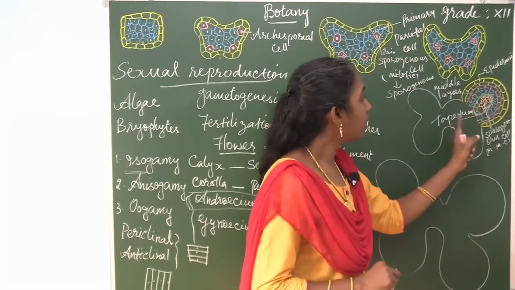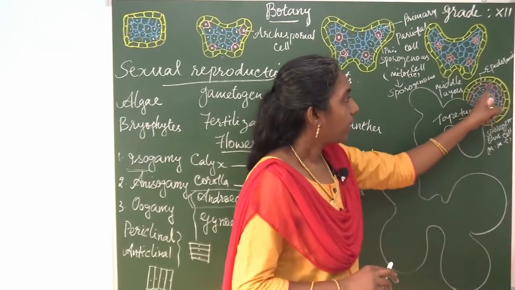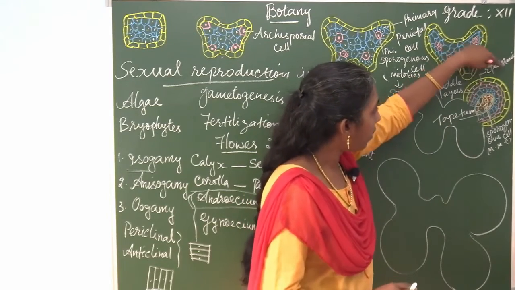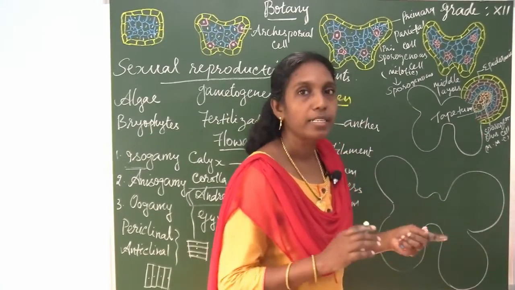Now in this anther, here only one part is enlarged. The outer layer is the epidermal layer, this layer is the middle layer and this layer is the tapetum.